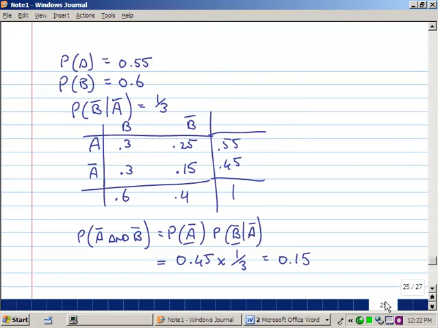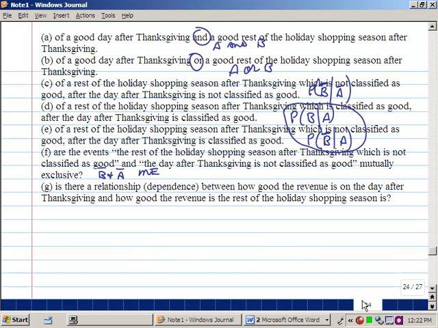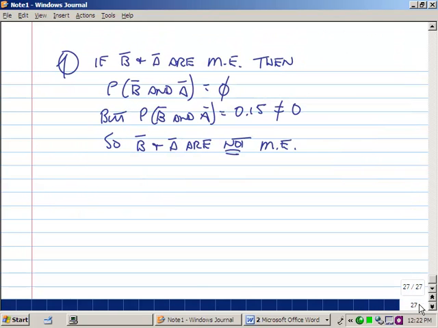Okay. And last, part G: is there a relationship, dependence, between how good the revenue is on the day after Thanksgiving, A, and how good the revenue is the rest of the holiday season, B? All right, is there a dependence? The question is asked differently than other times.